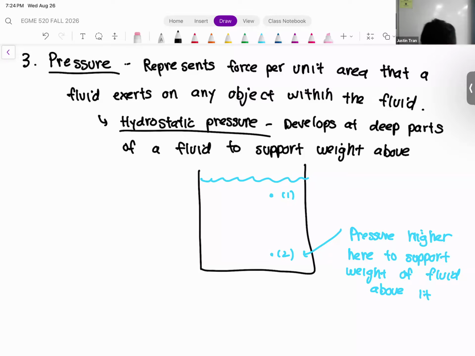The other reason that pressure develops in a fluid, specifically in a moving fluid, is that pressure often is a driving force causing fluid to flow.